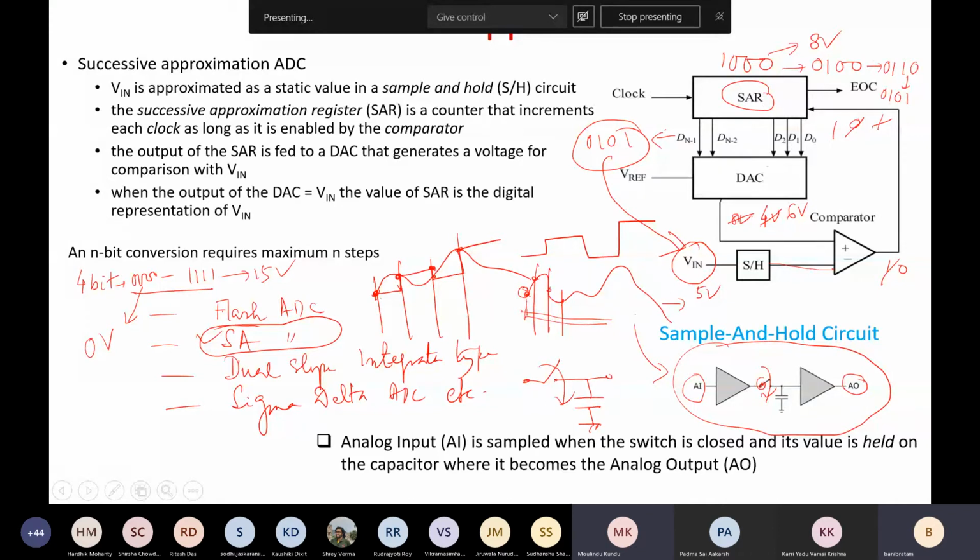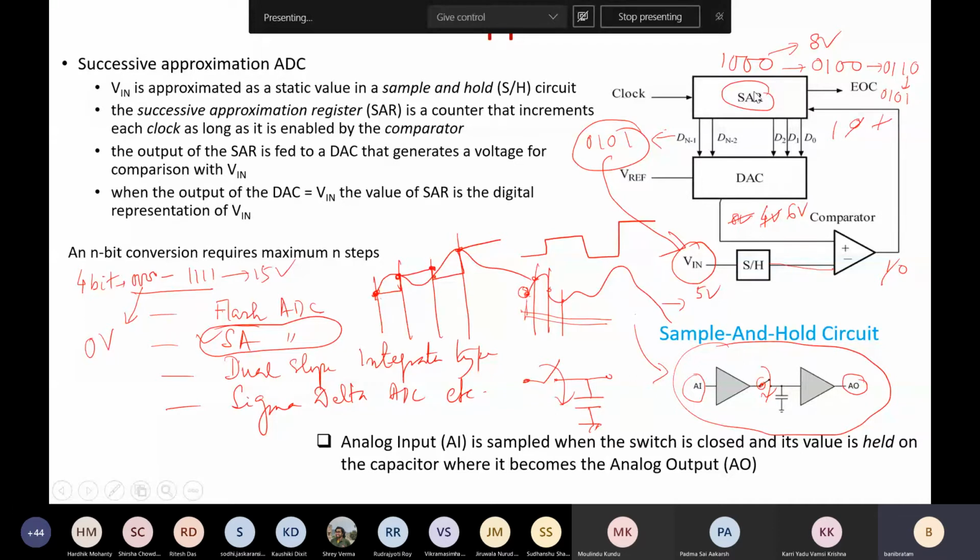Okay, yes. So what I told was, suppose 5 volt is my analog signal which I want to convert into corresponding digital bits. Okay, the question is clear, right? Now how will this work? As I told, in this successive approximation type ADC, there is a successive approximation register where some predefined digital bits are already stored.